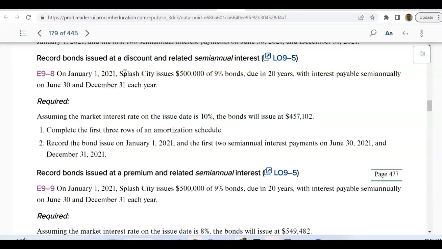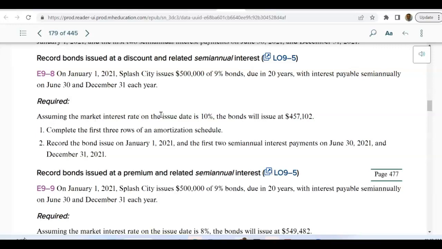Every 6 months they pay interest for next 20 years, 9%. 9% divided by 2, that means 4.5%. Okay, 4.5%, and how many periods? Because it's twice a year, it's gonna be 40 periods, 20 times 2. So N is 40, I is 4.5. Make sense?